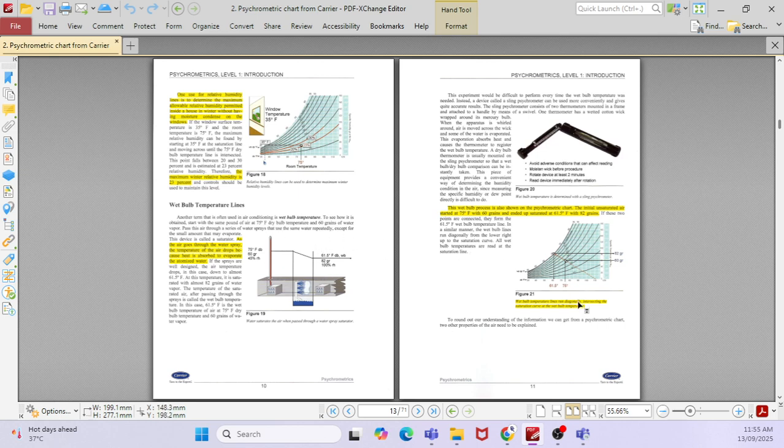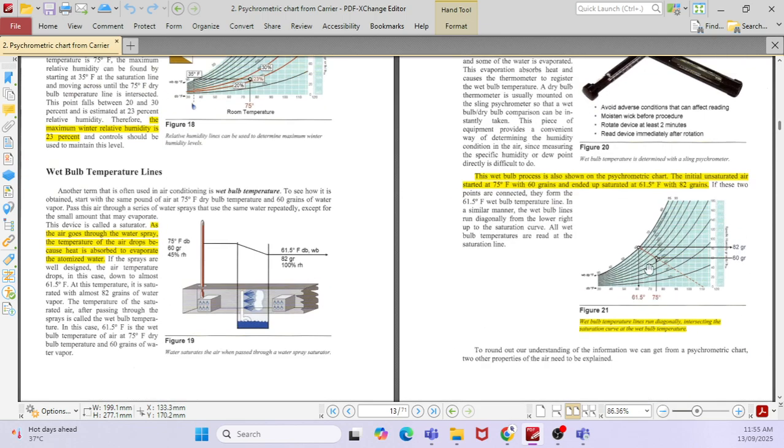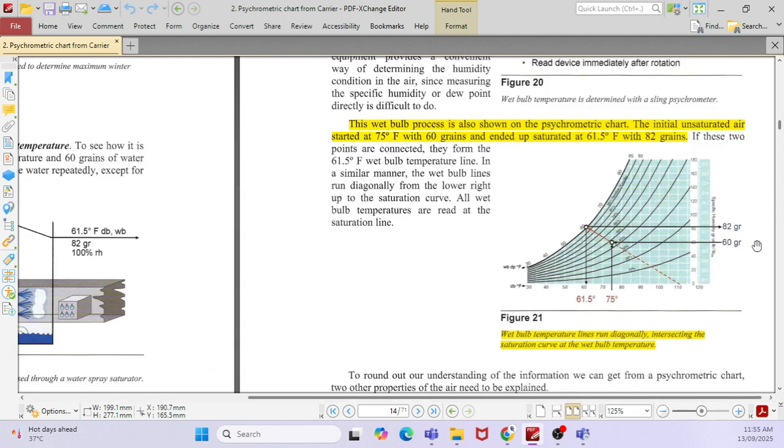You can read that, and also you can use the psychrometric chart to measure. For example, here you can see the grains: 60 grains, and this is 82 grains. When it's saturated at this temperature, say for example 61.5 degrees, if the air is saturated you have 82 grains of water vapor in that air.